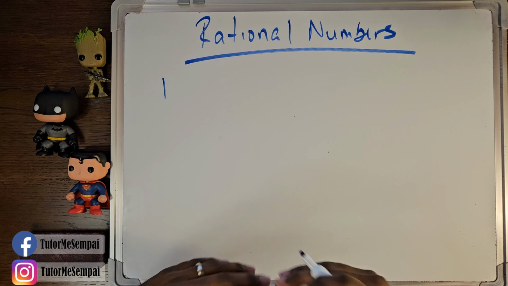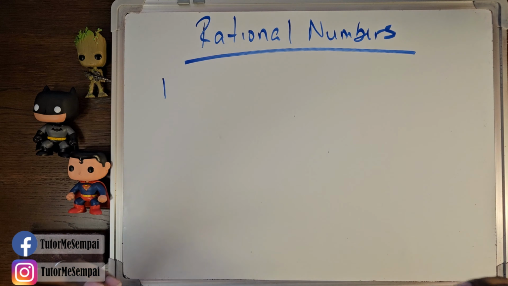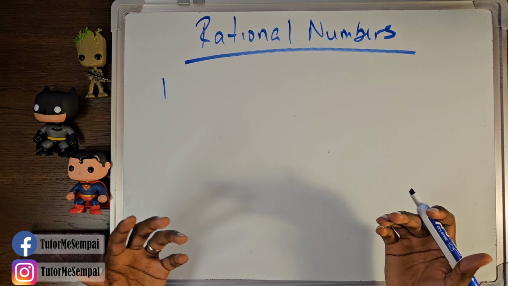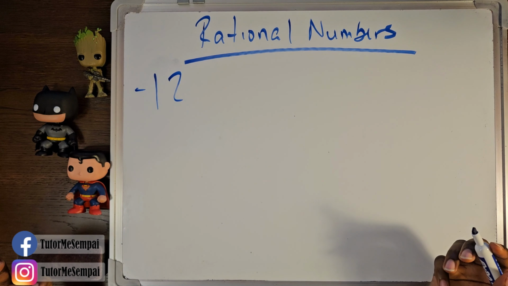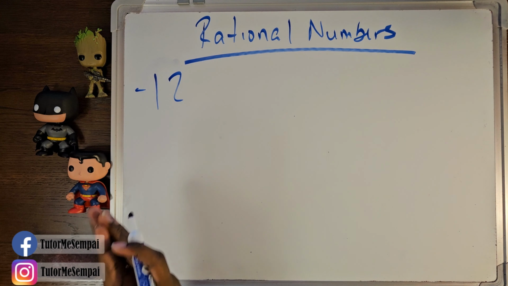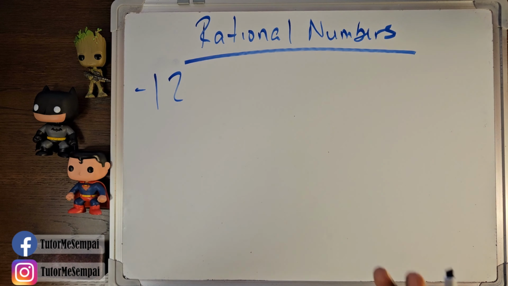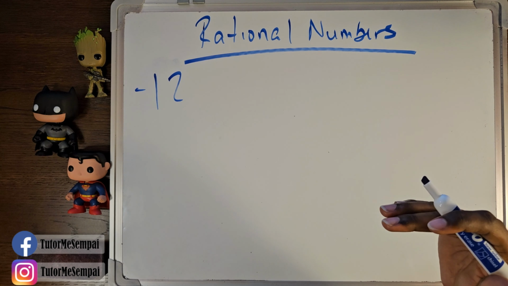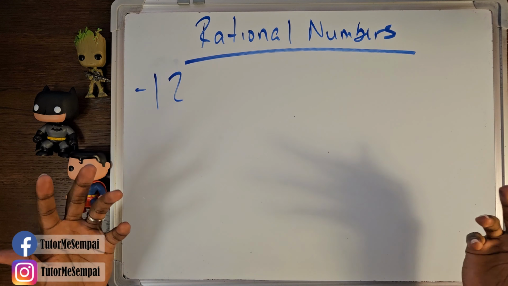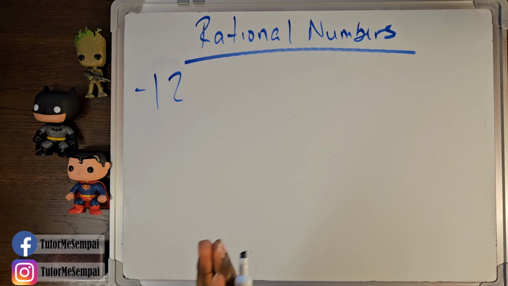That's your fraction. That's your quotient. Those are your 2 integers. Any integer, it could be 1, it could be 12, it could be negative 12. It doesn't matter whether you're positive or negative. As long as you're an integer, you can write yourself over 1 to give you your quotient, and therefore you will be a rational number.